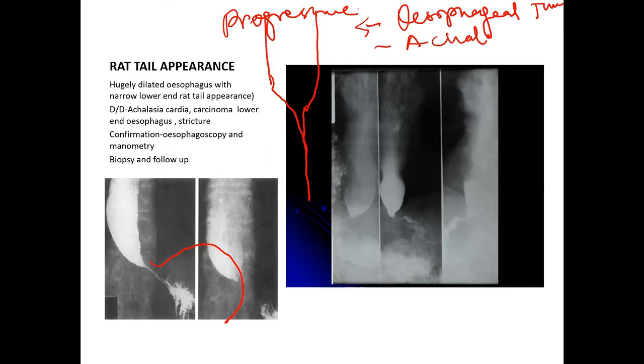However, at the terminal end of achalasia, it has dysphagia to both liquid and solid. That might be a little differentiating factor, but you should know the difference in taking the history to differentiate esophageal tumor from achalasia.